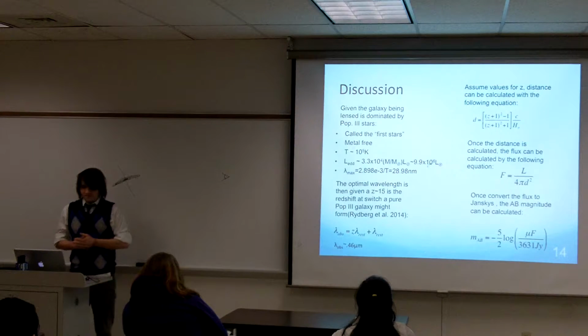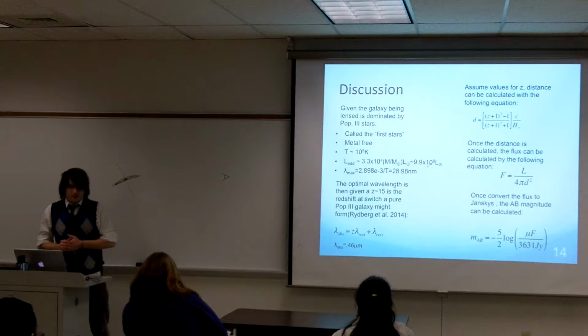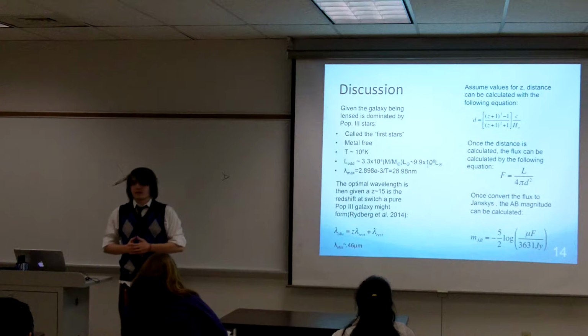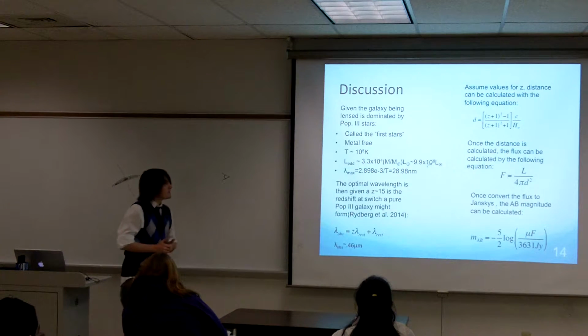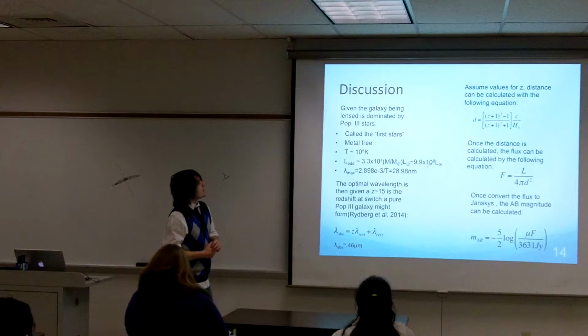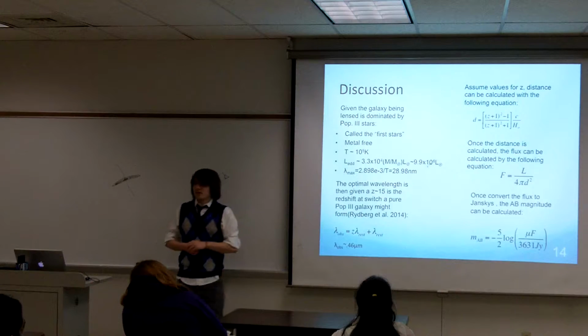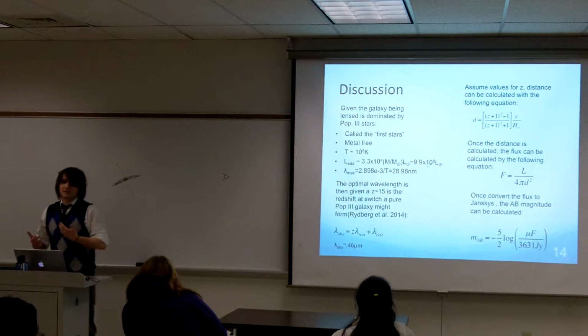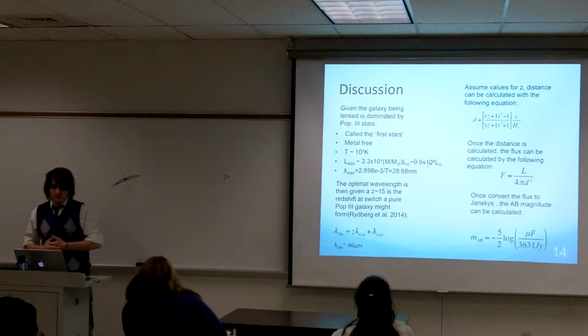So then, if we want to talk about the early universe again, we have to talk about population 3 stars, right? So here are some general facts about them. In the literature, a lot of them call them first stars, because they're theorized to be the first stars that were born.